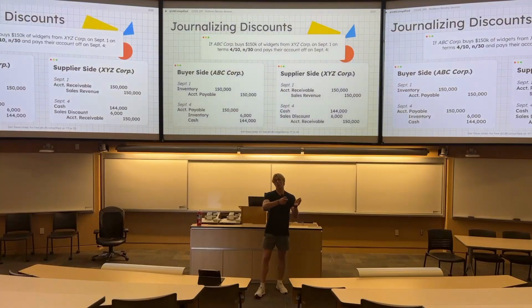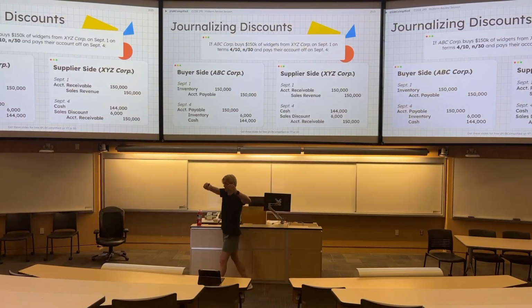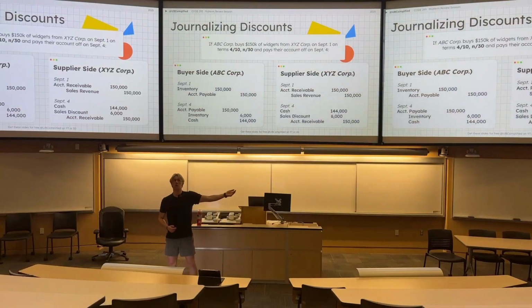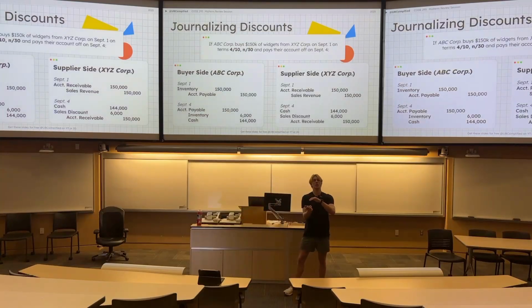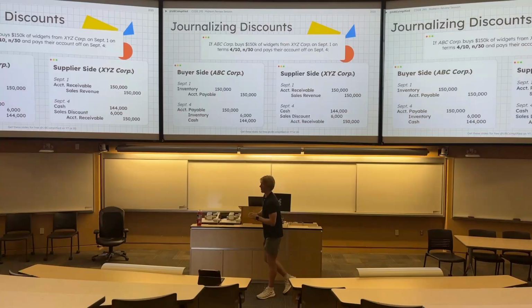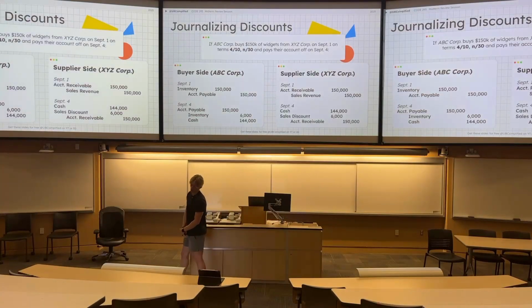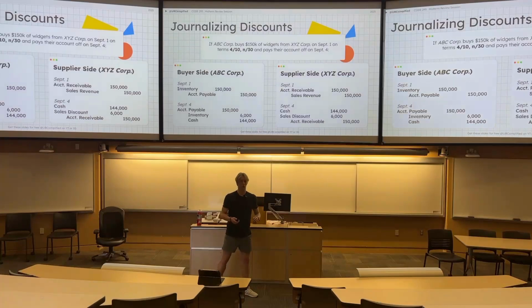So again, we want inventory to reflect the true cost of what we paid for it. Our original entry is we debited inventory for $150,000, that was our cost for it. But since we had the discount, we have to reduce that by the discount because we didn't actually pay that full amount. That's why we're crediting that, and then our inventory will be $144,000. So that's reflecting the true cost, the cash that it cost us.